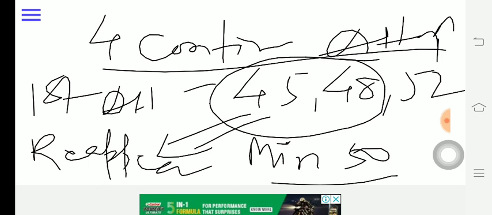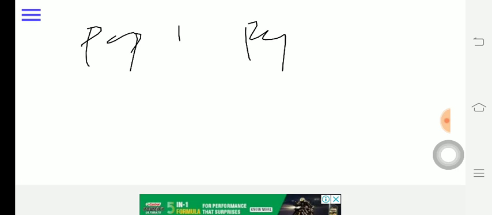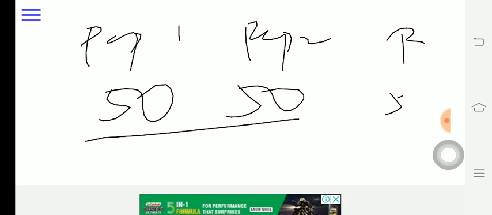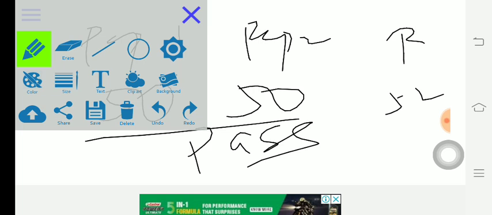So again you will have to score a minimum of 50 marks. So in this case, suppose you are giving paper 1 and paper 2, you will have to score minimum 50 in both the cases, because in paper 3 you had already scored 52. So this would be considered as pass.